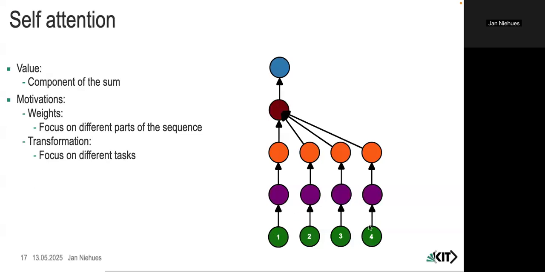Based on your inputs, you're calculating the values. The values get multiplied with the weights you calculated before, so on what you put attention, on which parts you should look at, and then you have your weighted sum, and that's your hidden state.